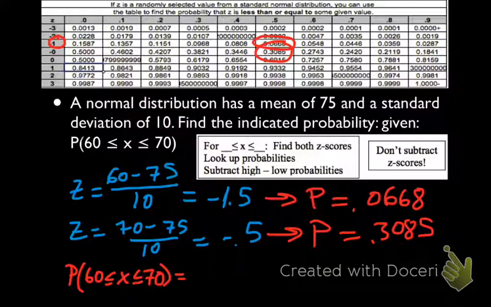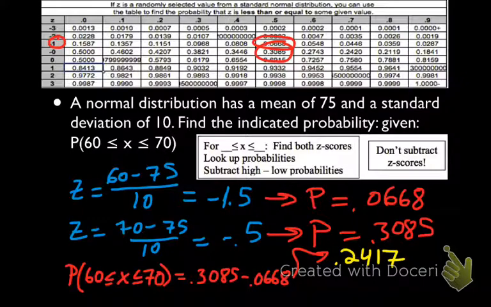So I'm going to take 0.3085 minus 0.0668. And then what do you get when you actually do that subtraction? 0.2417. So 0.2417 is the probability that I'd land somewhere between 60 and 70.